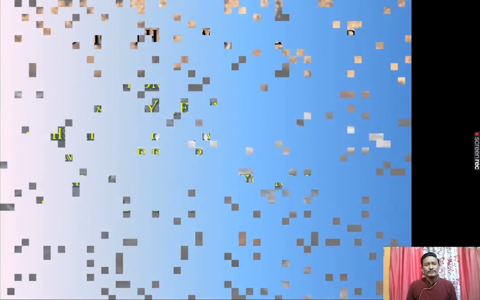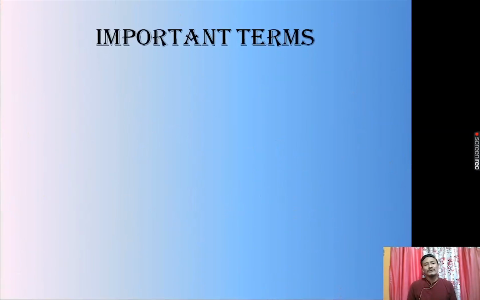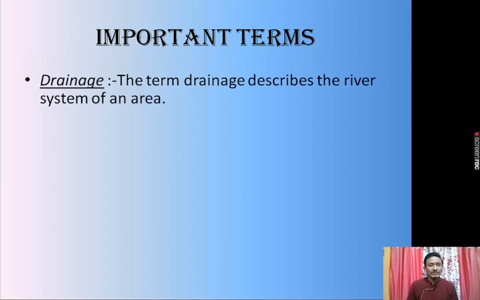First and foremost, there are some important terms that we need to understand before we proceed with this chapter. What do we mean by drainage? Drainage is described as the river system of an area. Let's say UP, Bihar and Bengal.